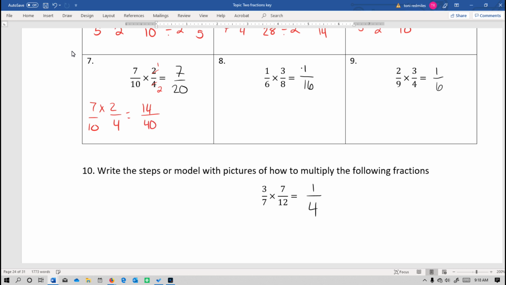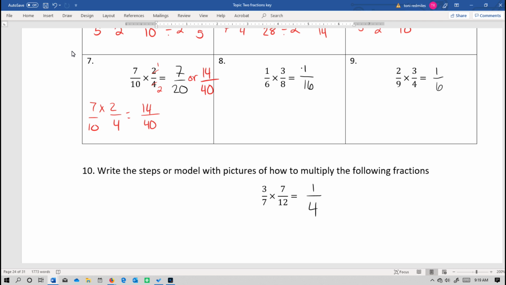And then if I knew how to reduce already, which some of my students do, you would have said, oh, I know 2 can go into both top and bottom, and you would have gotten 7 over 20. But again, not important right now. I want you to focus on the skill of being able to multiply a fraction, get that down really well.